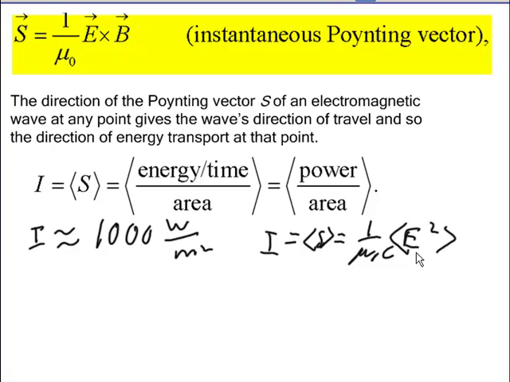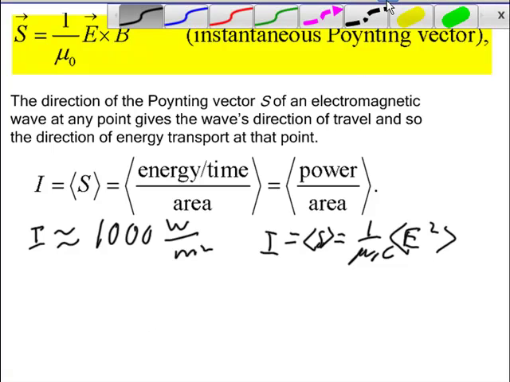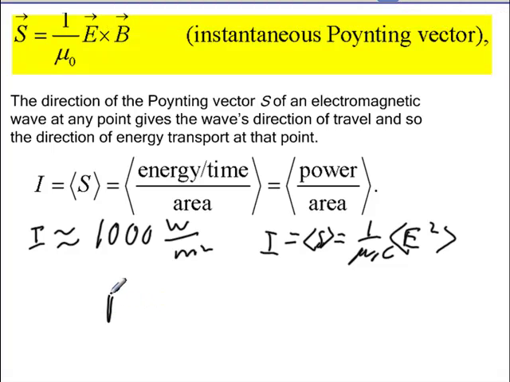Now, there's a special name for this way of taking an average. If I take the square root of that, then I have a certain kind of average of the electric field, which is the square root of the average of the electric field squared.